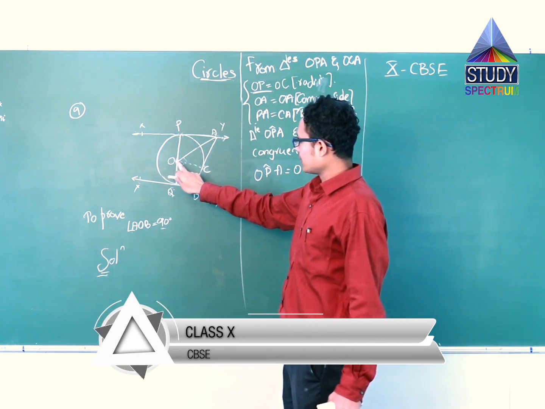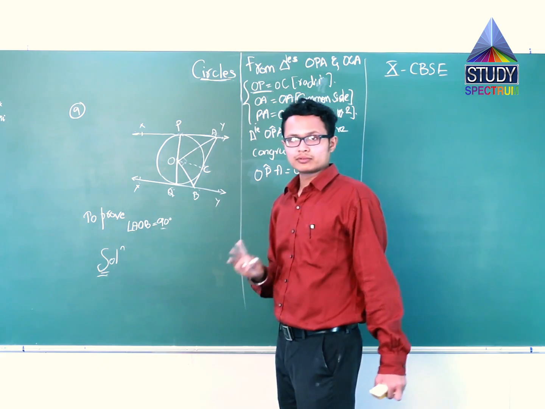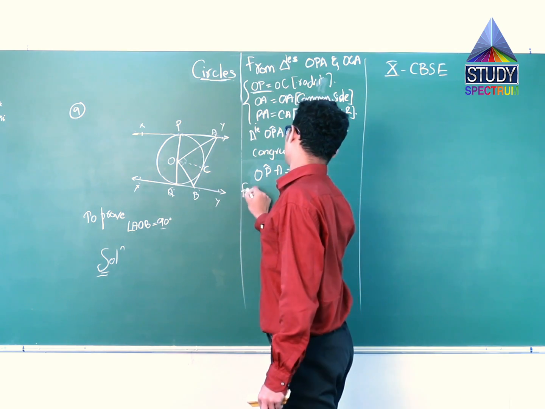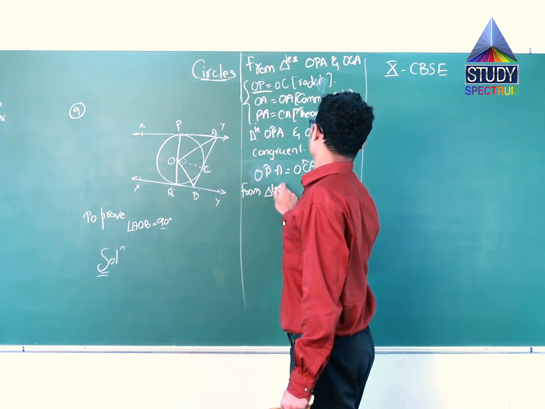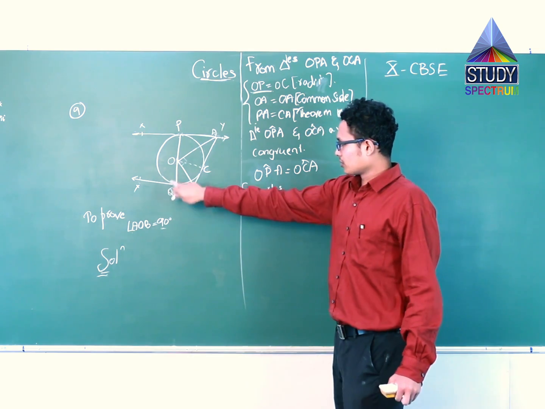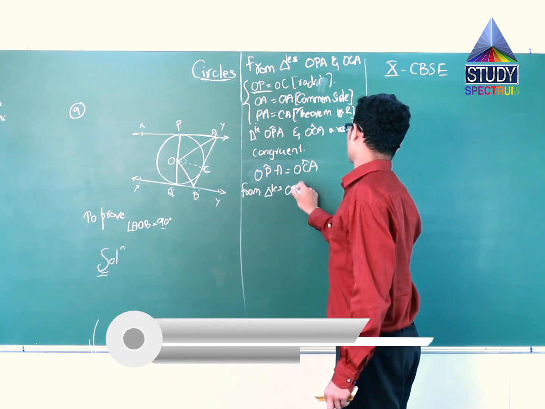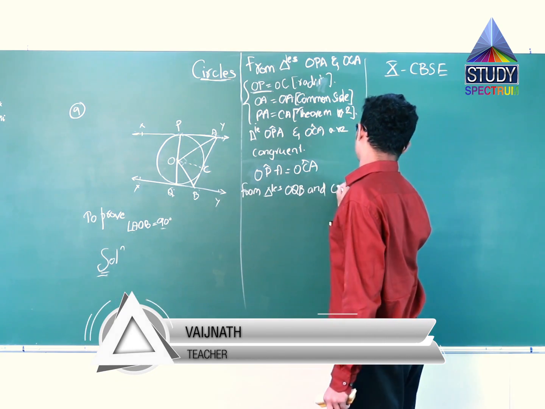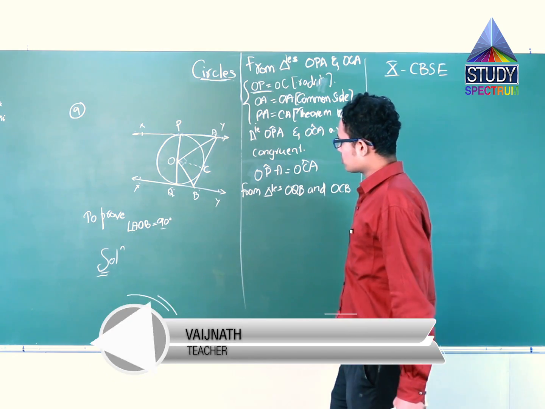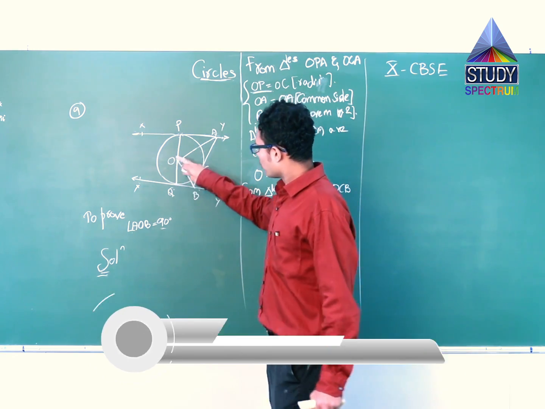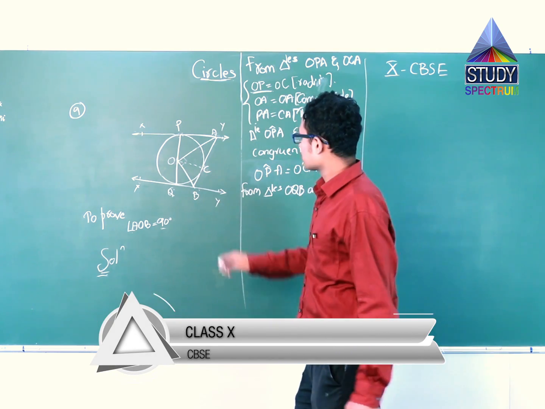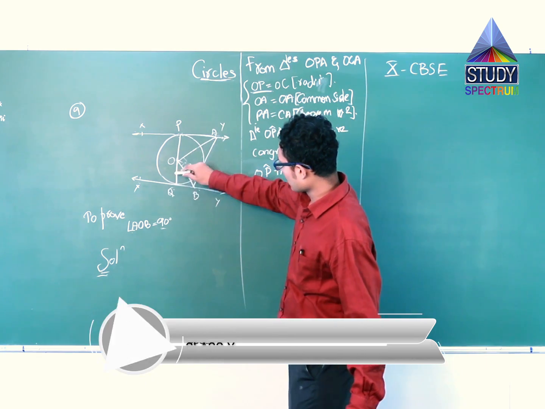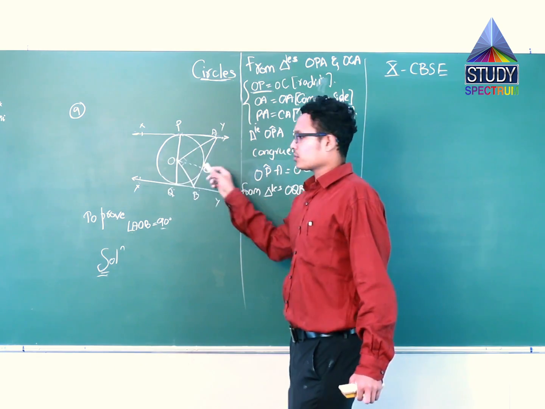Now from the quadrilateral OQBCO, I have two triangles, OQB and OCB. From those two triangles I have OQ equal to OC, because OQ and OC are radii of the circle. See, this is the diameter PQ, and OQ and OC are radii.